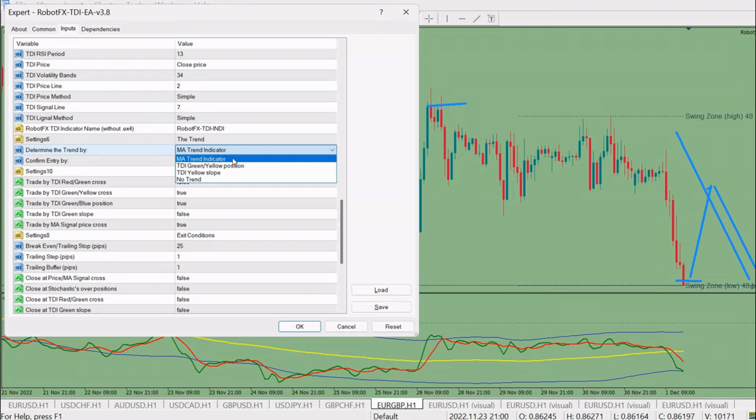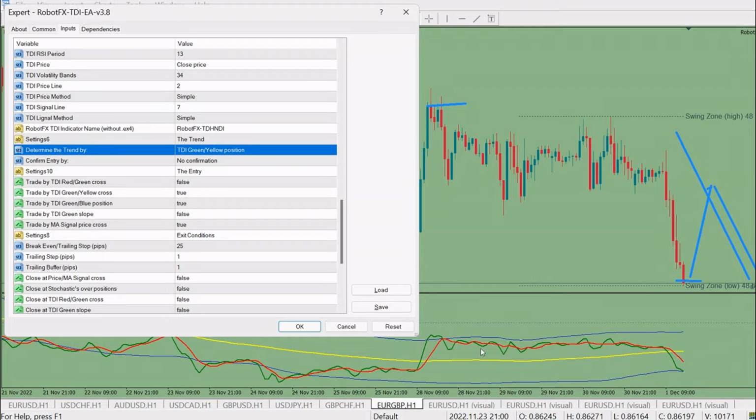You can also use the price position regarding the moving average that we talked about previously, or the TDI green-yellow position, which basically means that if the green is above the yellow line, then the expert advisor will consider this to be an uptrend. And if the green is below the yellow line, the expert advisor will consider this to be a downtrend, and it will obviously open only sells.